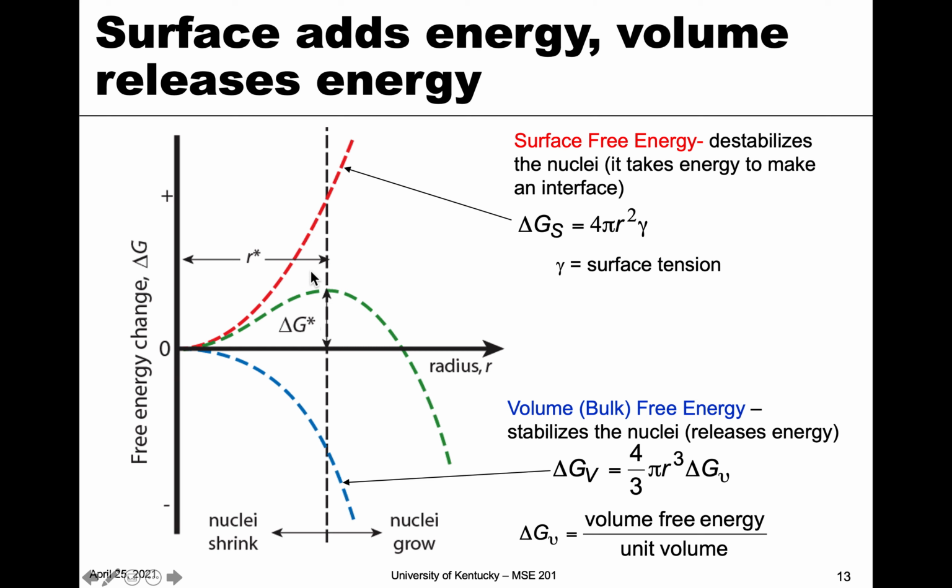So when we look at the combination of both terms, which gives us the total free energy of the system, we're going to add those two terms together, right? And when we do that, because this r cubed term decreases at a faster rate than the r squared term increases, what we see is that initially the total free energy increases, becomes less favorable, but at a certain point when this volume term takes over, then we see it start to decrease and eventually goes negative.